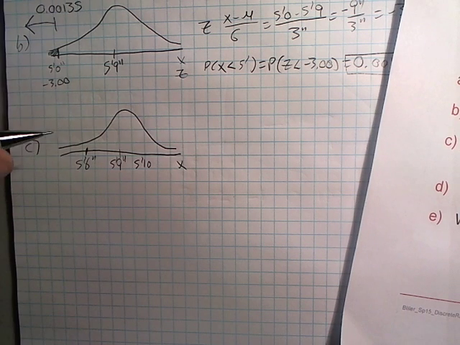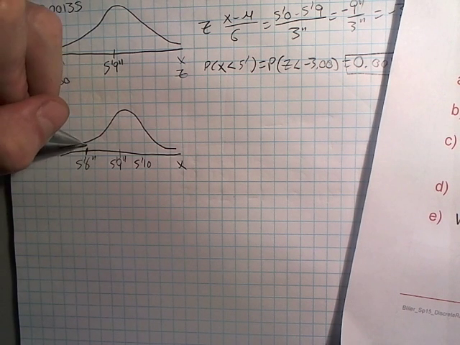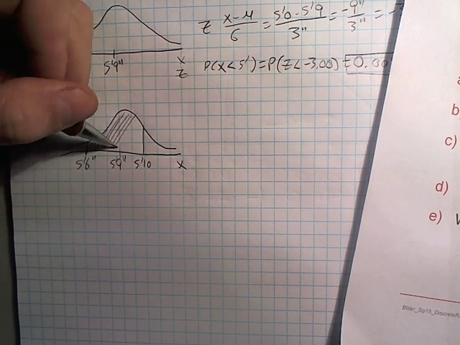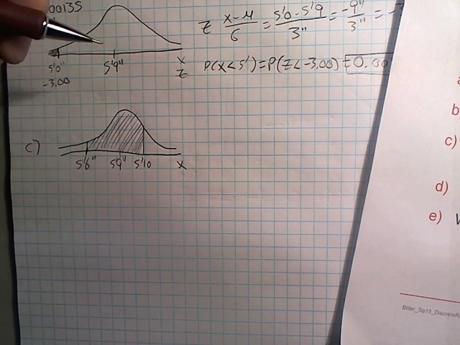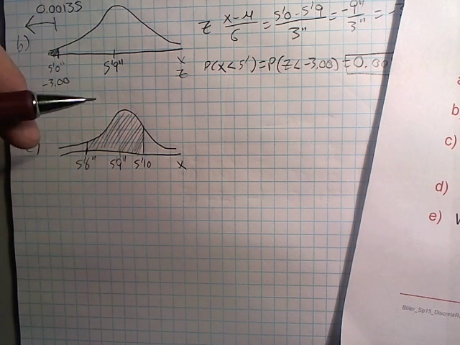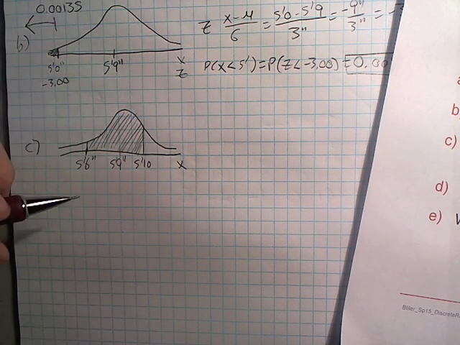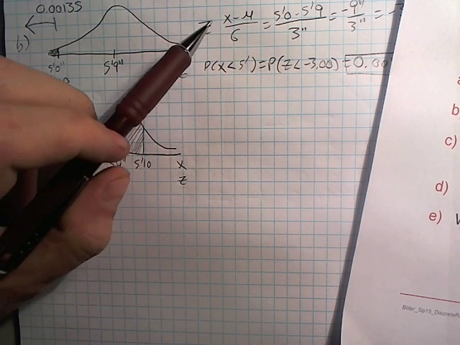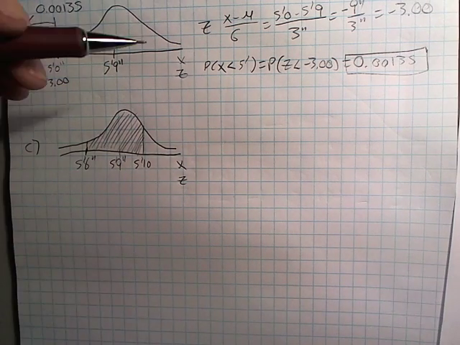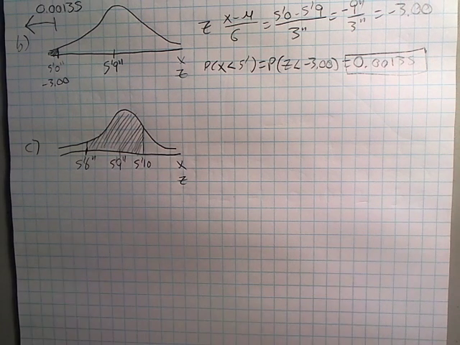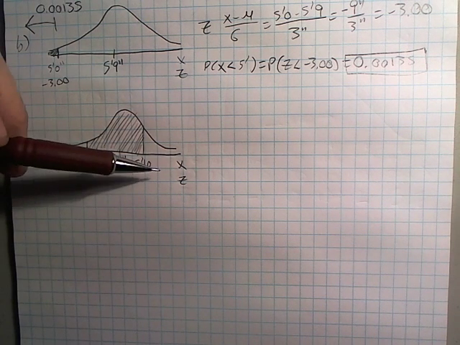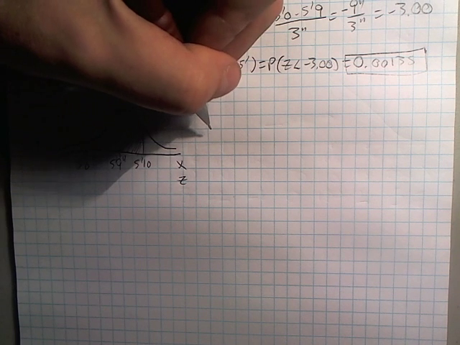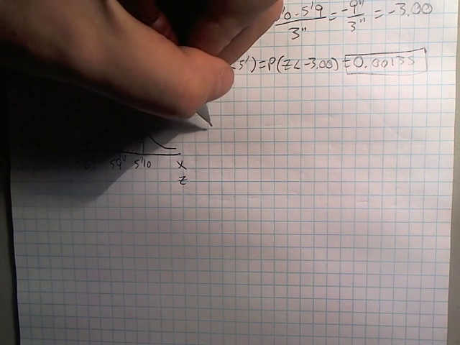That's my x-axis, and to solve this problem, we're going to need the area of that normal distribution that falls between those two values. First thing we're going to do, just like we did prior to this, is calculate the corresponding z values. What's different now is that because we have two x values, we need to compute a corresponding z value for each of those x values.